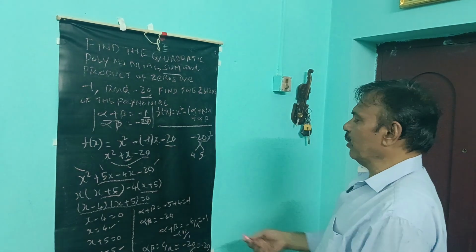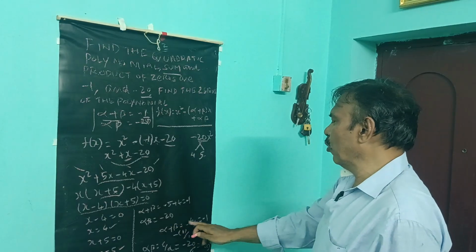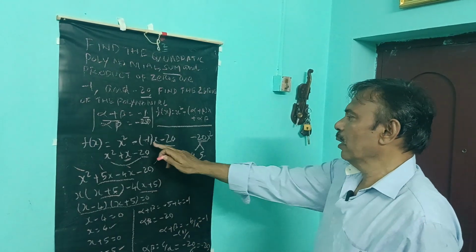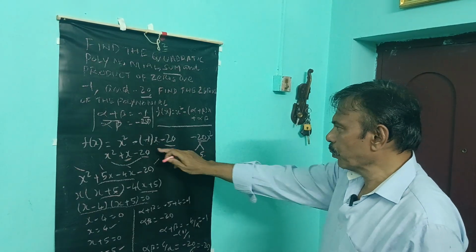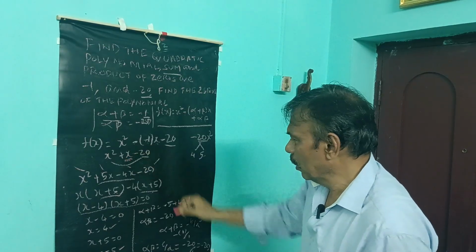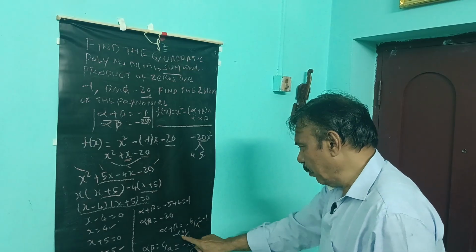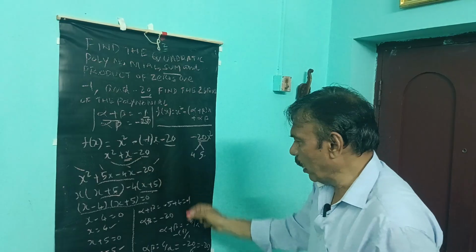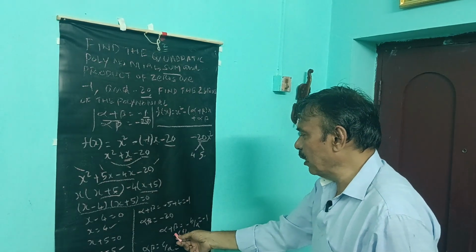You can again check with the coefficients of this equation. Alpha plus beta equal to minus b by a. Here b is 1, because the coefficient is plus 1, so you have to write this minus sign.